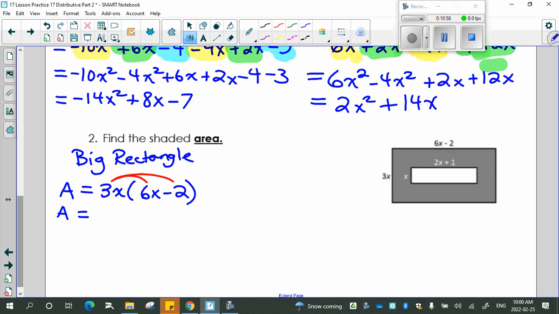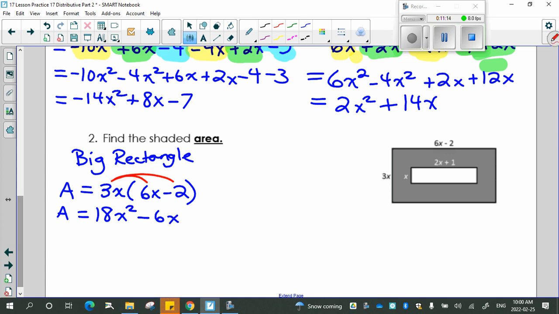So what is the area of the big rectangle? The whole thing. Yep. Okay.